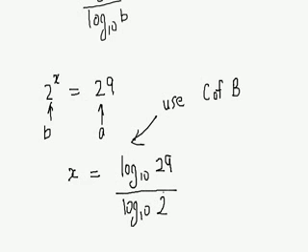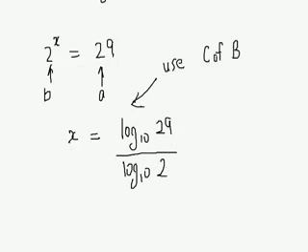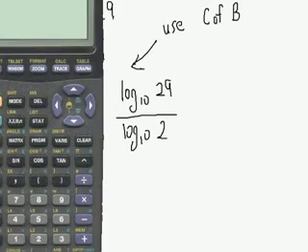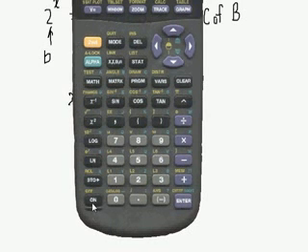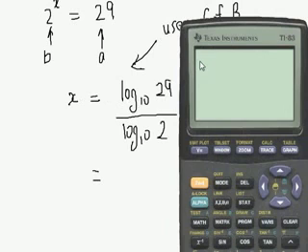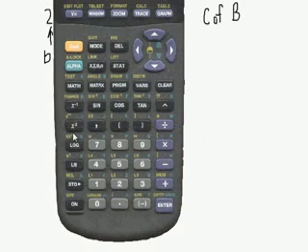Alright, so I'll just do the whole thing on the calculator rather than writing it out. Let's clear that. Now this is log to the base 10, I can do that on the calculator, which is that value there.